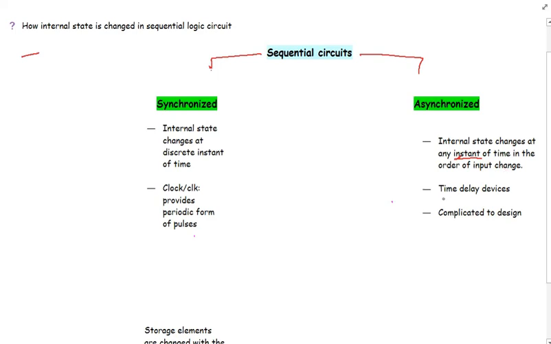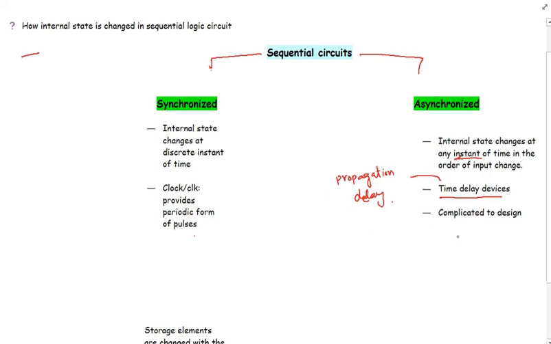In these types of devices, the storage elements of the sequential logic circuit are basically time delay devices, which provide us the propagation delay. And this propagation delay actually gives the storage element to the sequential logic circuit.